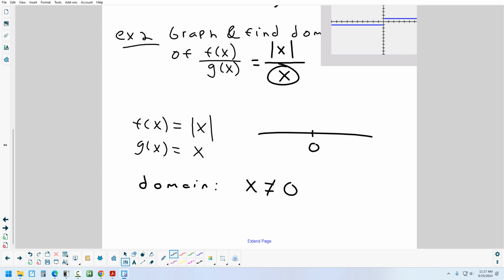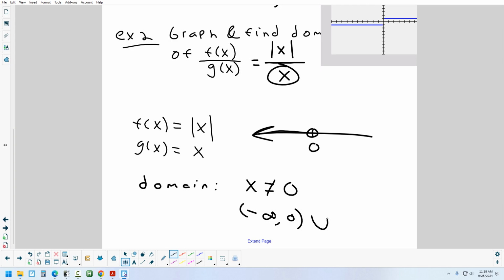Here's 0. Can we include 0? No. Could we pick anything lower than 0? All right, so let's start with that. How low could we pick? Negative infinity. And we can go right up to, but not including, what number? 0.